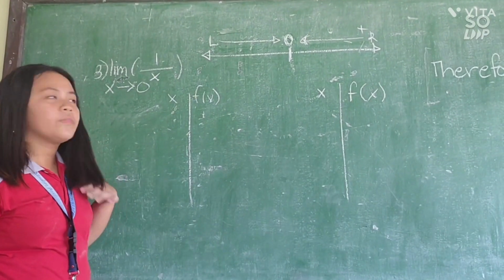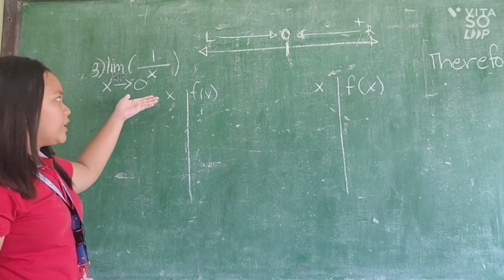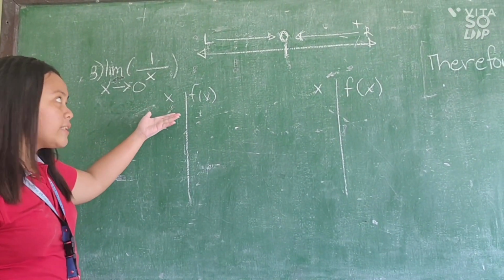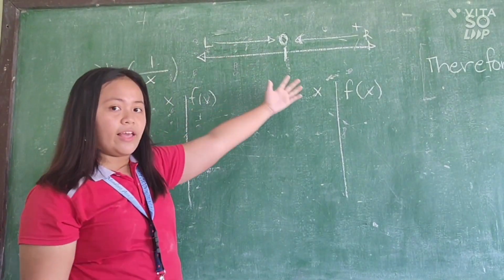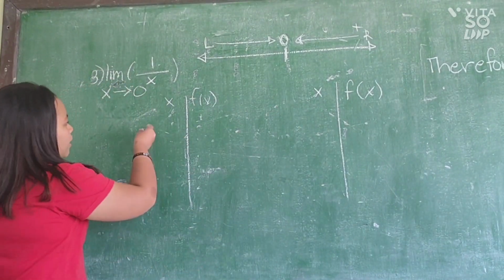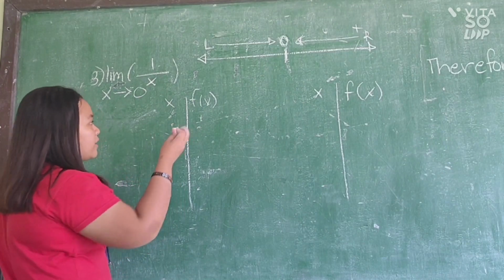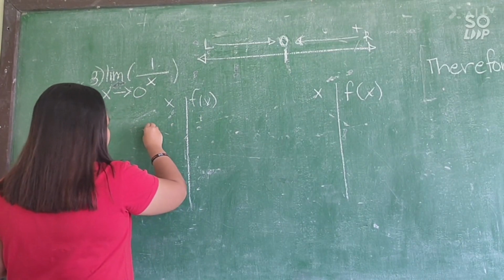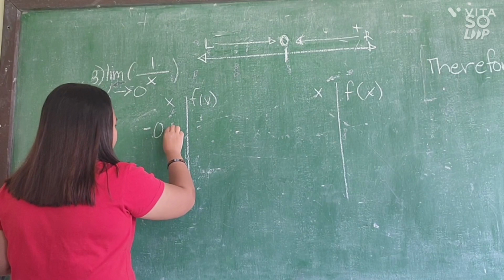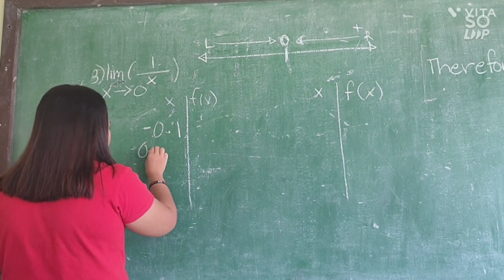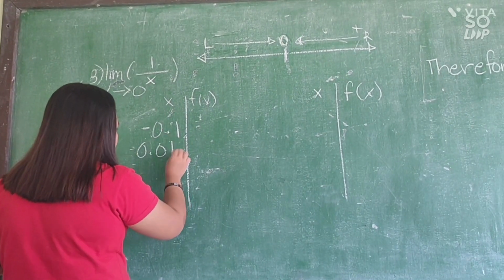Again, kukunin natin ang value ng x as it approaches 0 from the left. So, ito yung mga number na makukuha natin dahil ginawa natin kanina. So, this is negative 0.1, negative 0.01, negative 0.001.